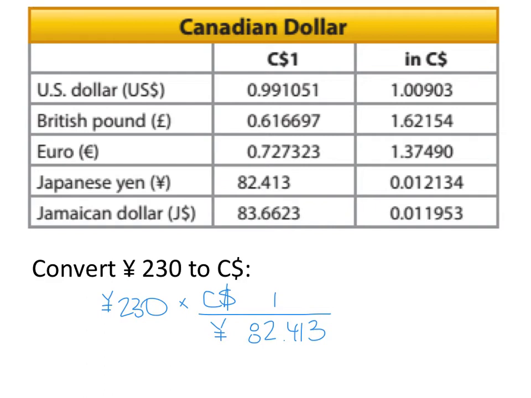Or I could just as well fill in 1 yen and the value of a Canadian dollar in comparison. Either way, we should still find the same value in Canadian dollars. In this case, finding out that 230 yen has a value of $2.79 Canadian.